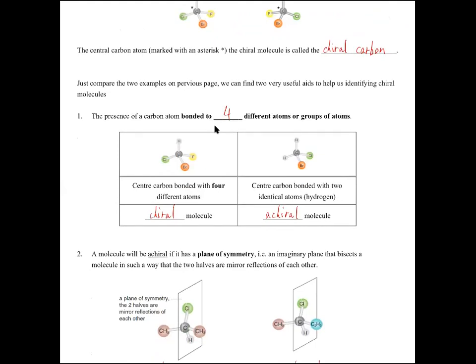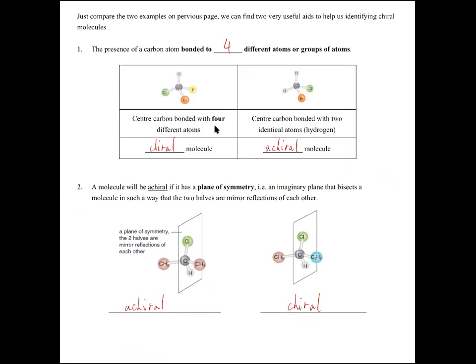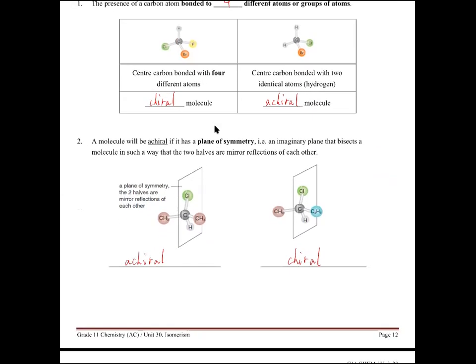A chiral carbon needs to be bonded to 4 different atoms or groups of atoms. And if you find that a molecule has a plane of symmetry, that's a key word you need to have when you're answering your questions. If you can find a plane of symmetry, then that molecule is for sure achiral.